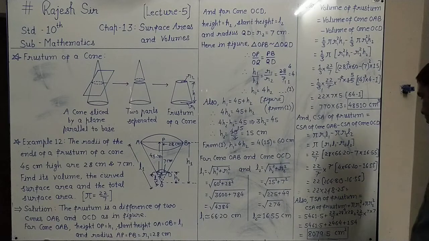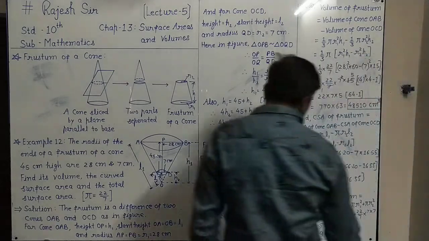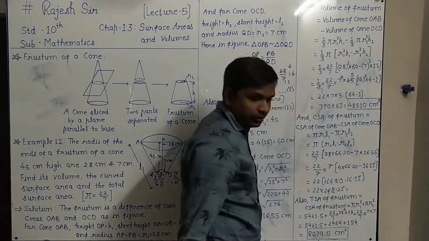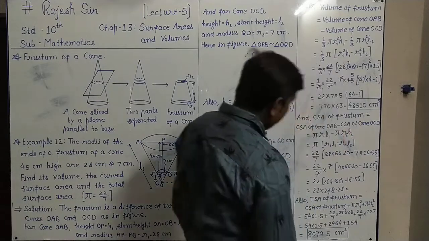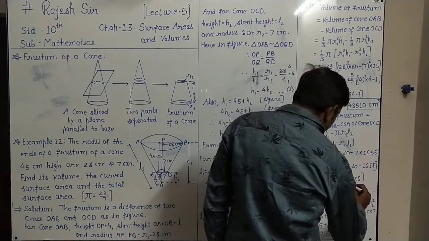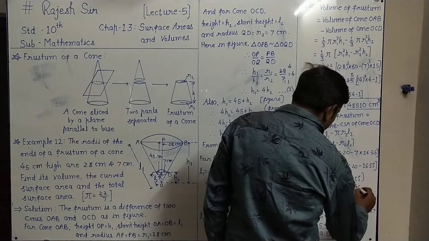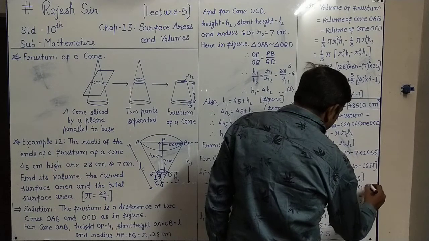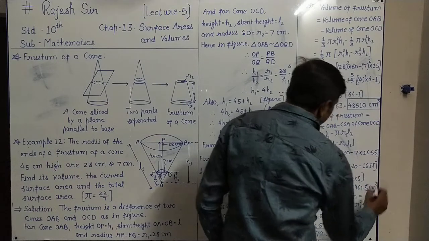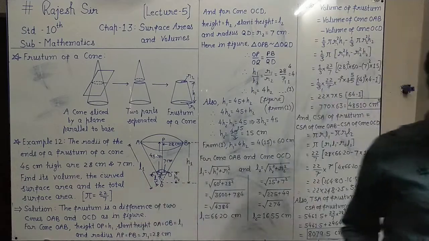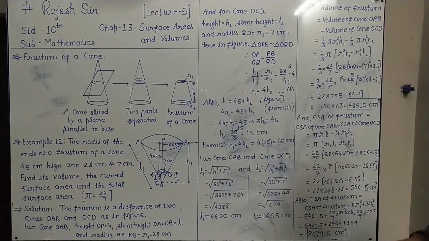So multiply this, it will give 5461.5 centimeters square as curved surface area of frustum.